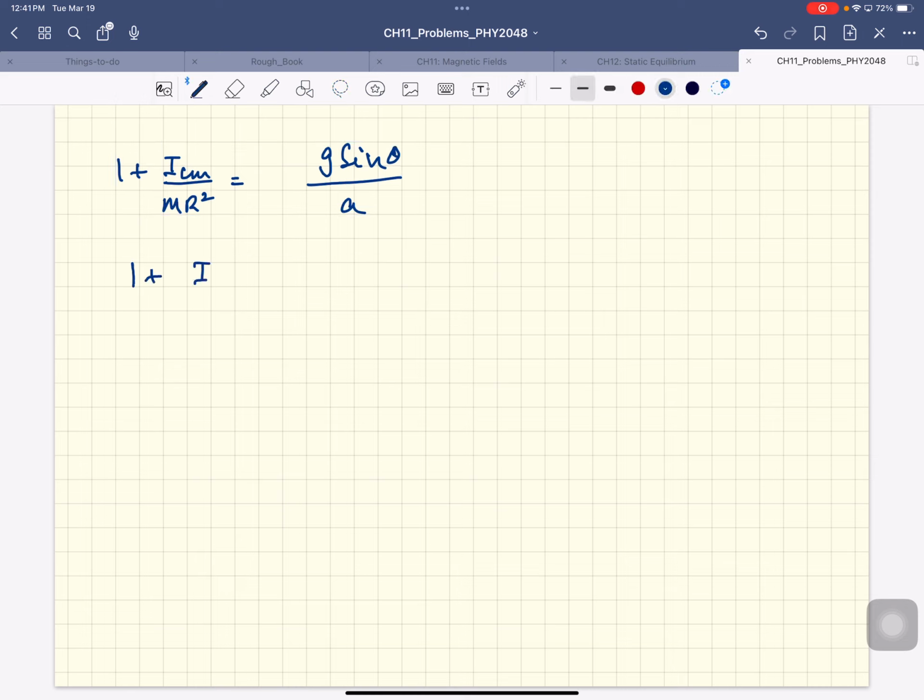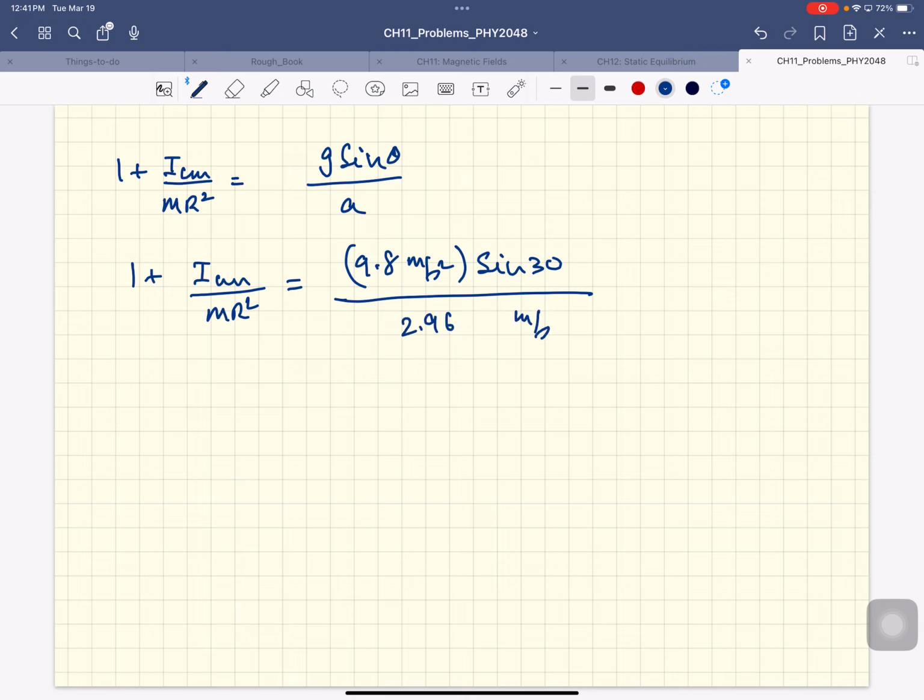So 1 plus I center of mass over m r squared equals 9.8 sine 30 divided by 2.96. This number on the right works out to 1.66.